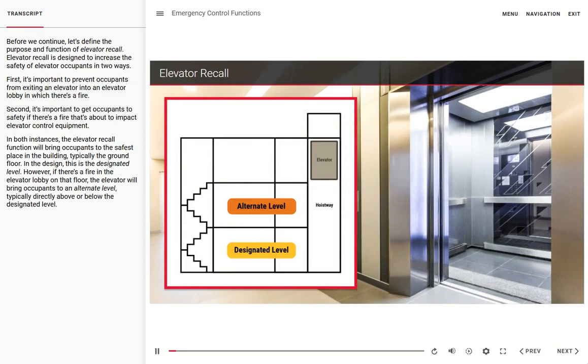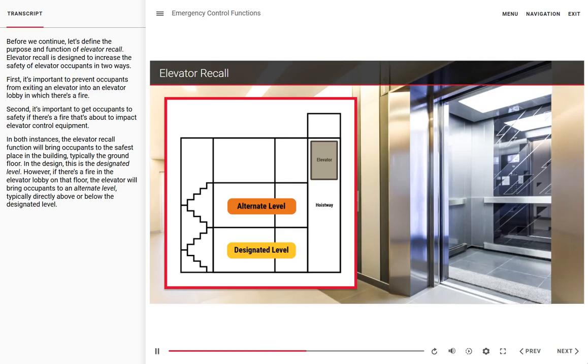Before we continue, let's define the purpose and function of elevator recall. Elevator recall is designed to increase the safety of elevator occupants in 2 ways. First, it's important to prevent occupants from exiting an elevator into an elevator lobby in which there's a fire. Second, it's important to get occupants to safety if there's a fire that's about to impact elevator control equipment.